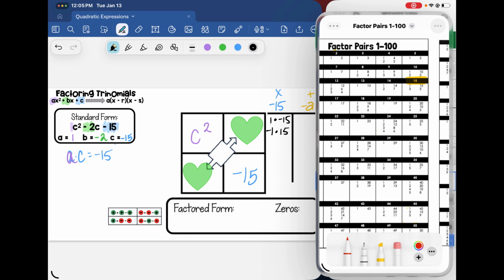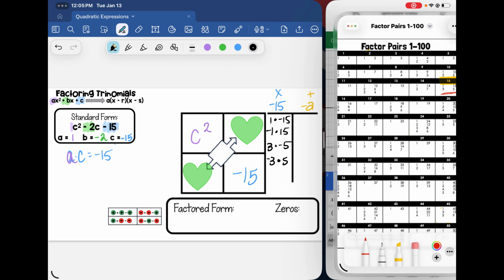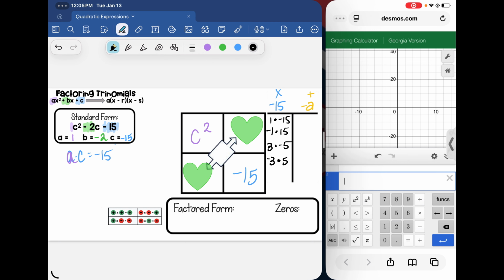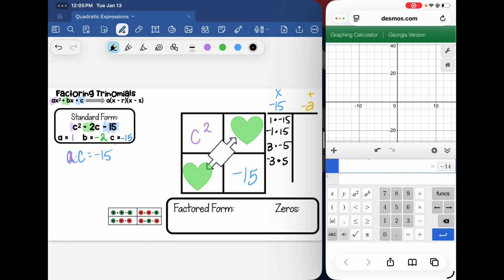Or 3 and 5. So I can say 3 times negative 5 or negative 3 times 5. Either way, they're going to multiply to negative 15. The question is, which ones are going to add up to negative 2? So 1 plus negative 15 is negative 14.